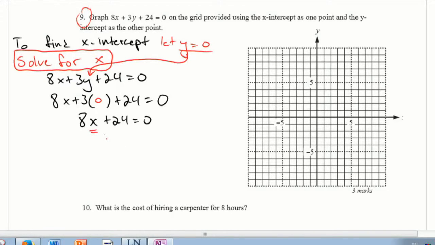Trying to get x by itself, I'm going to subtract 24 from both sides of my equal sign. I get 8x is equal to negative 24. Divide both sides by 8. And I end up with x is negative 24 divided by 8. How many times is 8 going into 24?